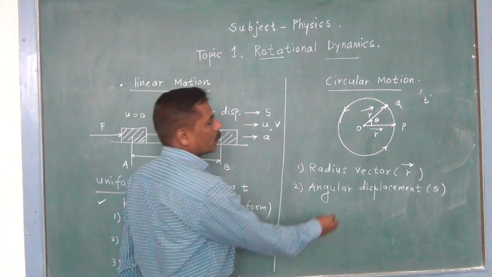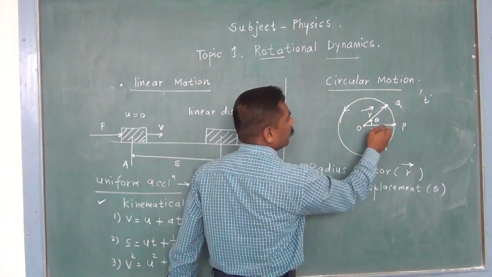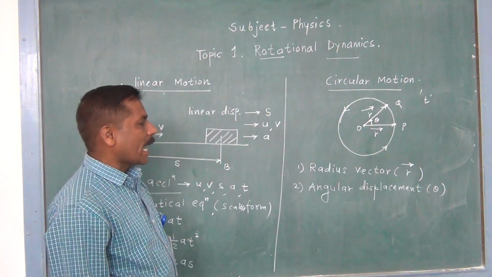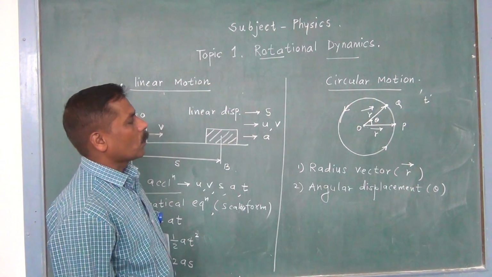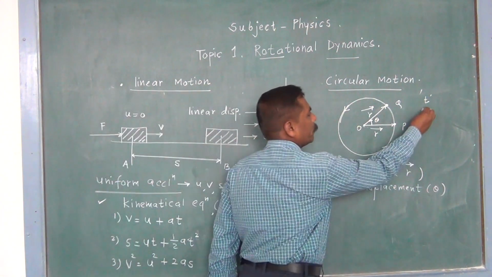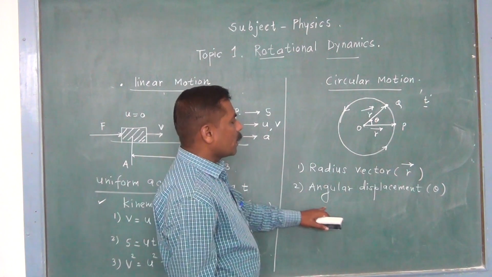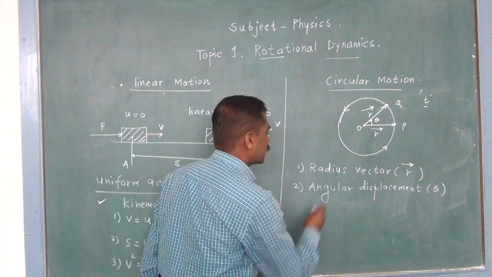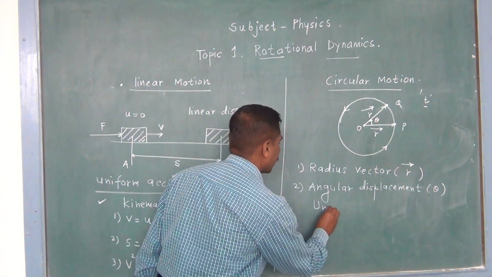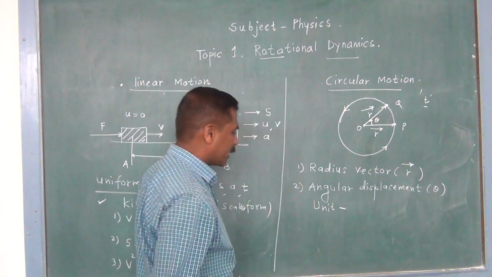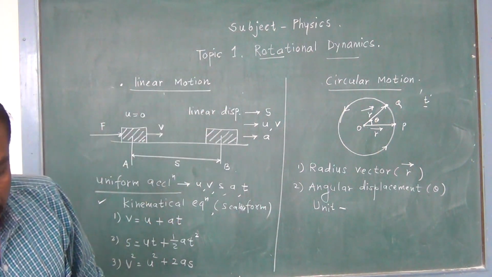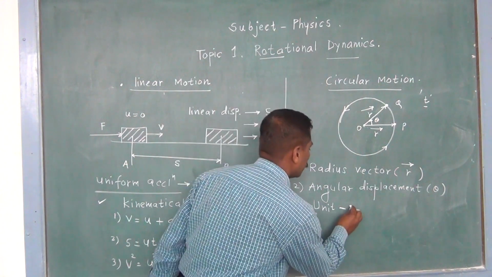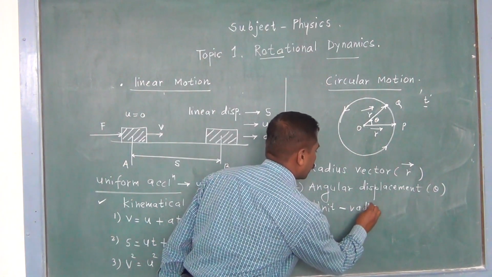You can observe here, this is theta, the angle between the two radius or position vectors. That is the angle traced by the radius or position vector in a given time. It is called the angular displacement. What is the unit of this angular displacement? We can take the unit of angular displacement as the radian.